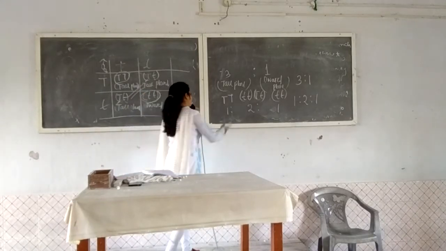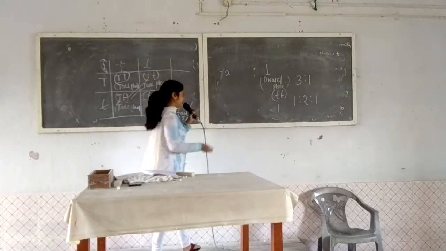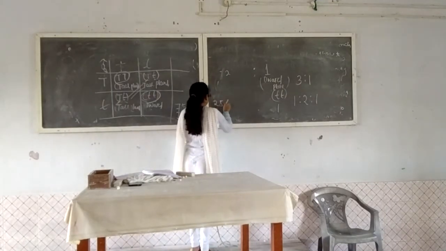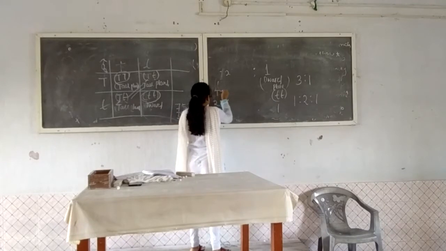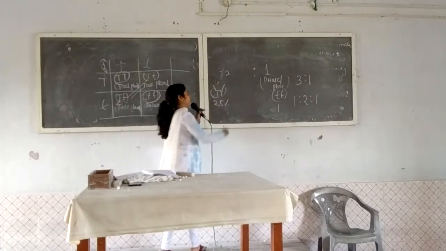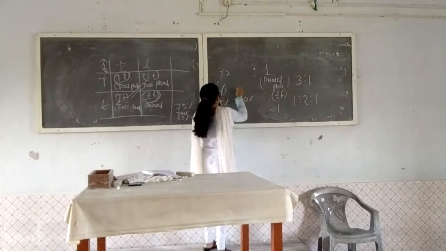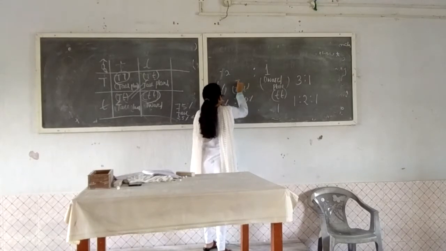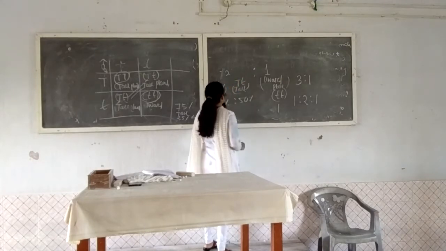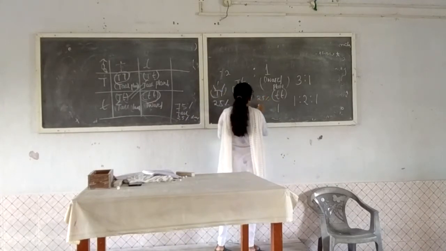But genotypically, 25% are pure tall, both the genes are tall, and 50% are heterozygous tall, small t and capital T present, but 25% are pure dwarf.